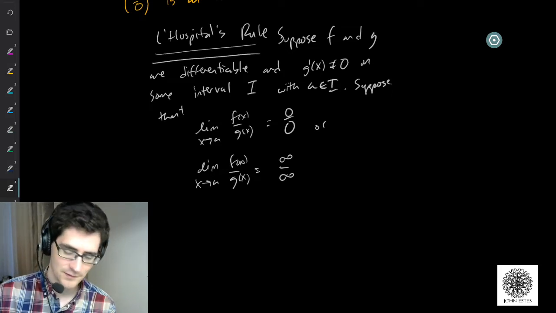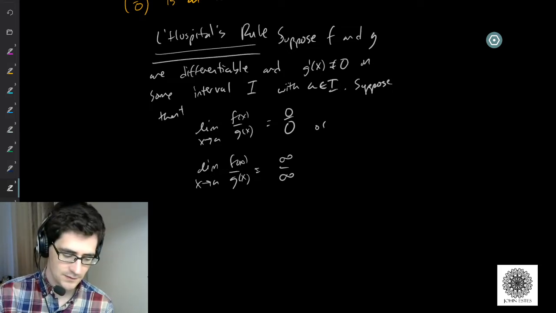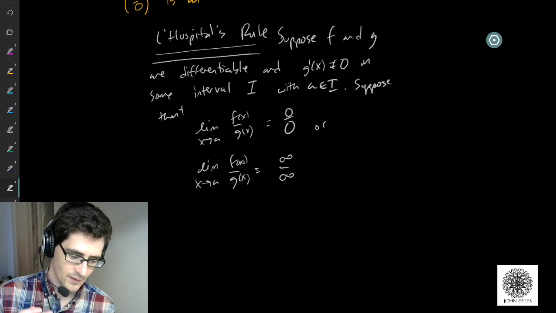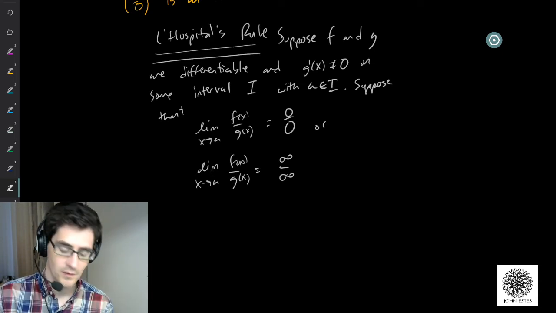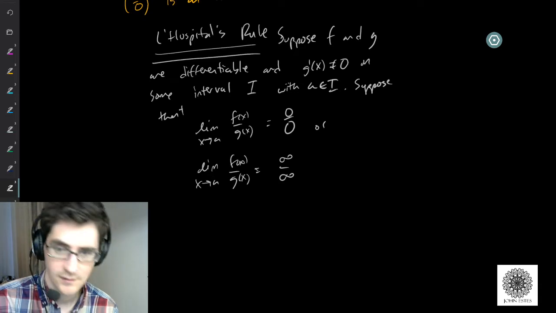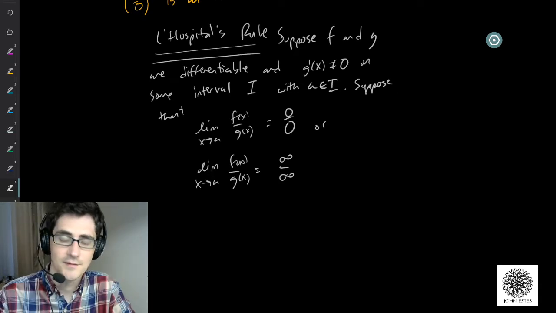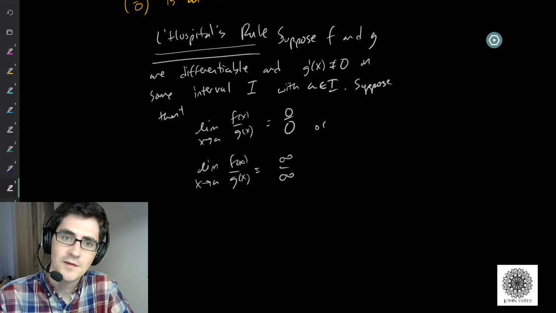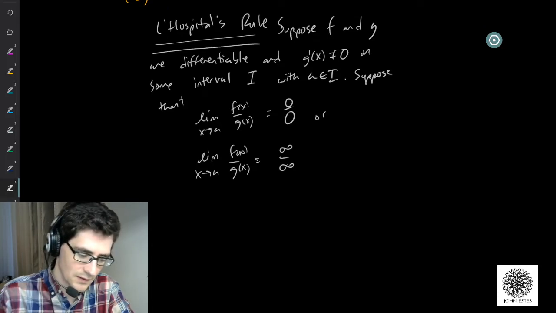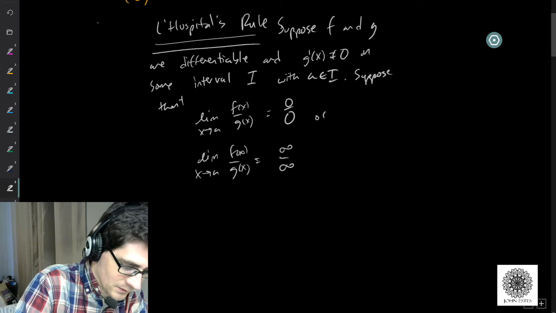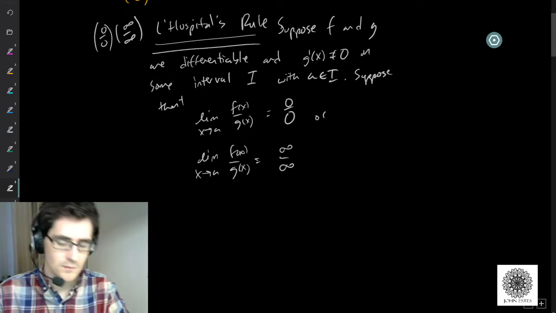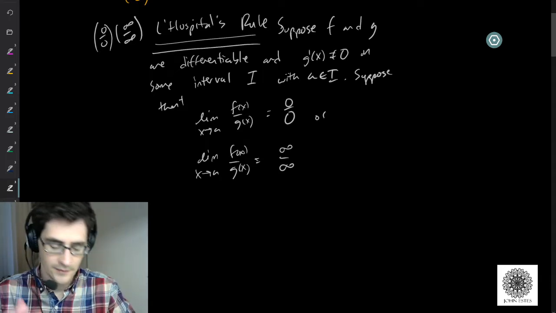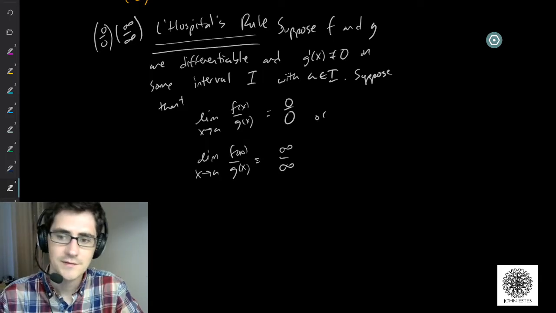Infinity over infinity is not something we know, but we're just using this as a way to denote what's going on. What I mean by this is that the limit as x approaches a of f of x is going to infinity, and the limit as x approaches a of g of x is going to infinity. So these are the two cases that we're looking at first of all. So let's write that up here. We have 0 over 0, infinity over infinity. Those are two of our indeterminate forms that this version of L'Hopital's rule addresses.